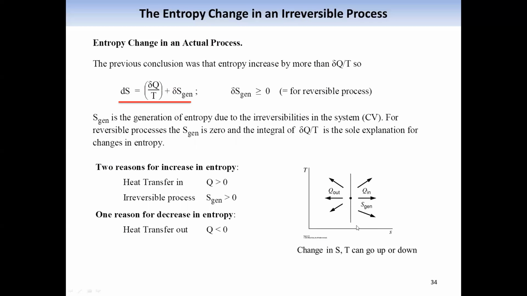If Q is positive, we can say for sure it moved to the right. If heat is rejected from the control volume, Q is negative, so the arrow points to the left. But the combination of these two terms can be either positive or negative.